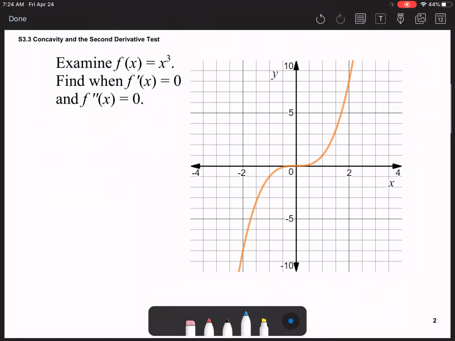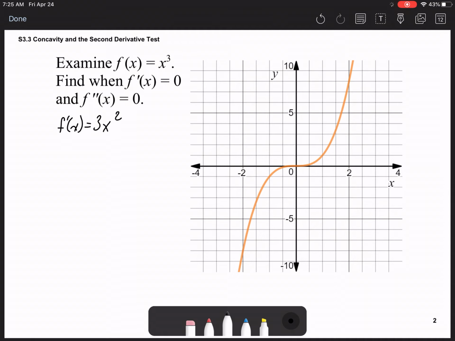So look at this function, f of x equals x cubed. We've seen this function before. Nice S-shaped curve that seems to just lie flat at one point. Well, we're going to find when f prime of x is equal to 0 and f double prime of x equals 0. So first off, f prime of x, in this case, would be 3x squared.